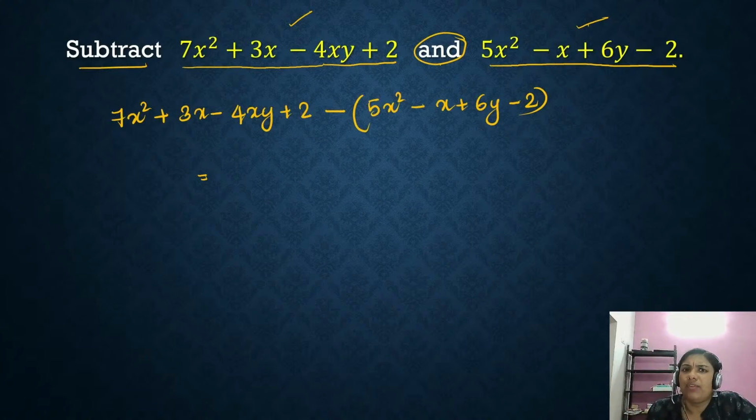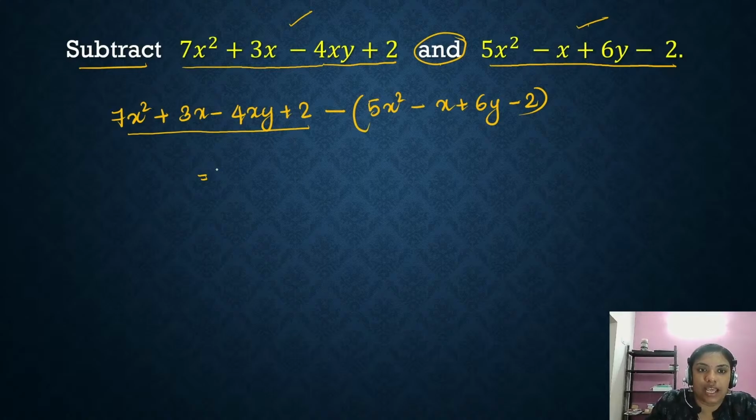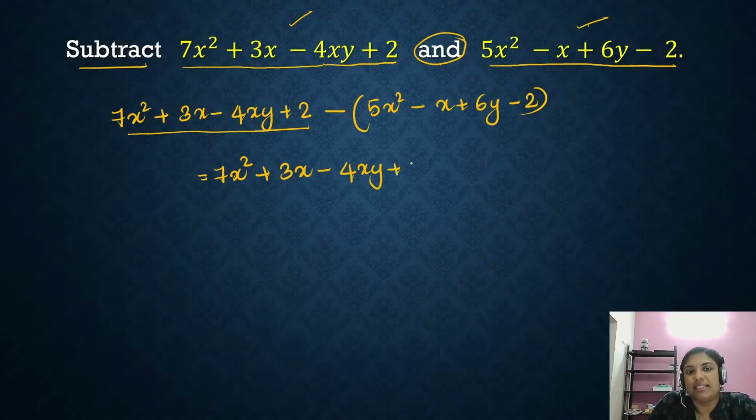So why are we doing it like this? We have to distribute the negative sign here. I will explain that to you. First, we can write this expression as such: 7x square plus 3x minus 4xy plus 2. Now we have to distribute this minus sign. Minus into plus 5x square, what will be the answer?